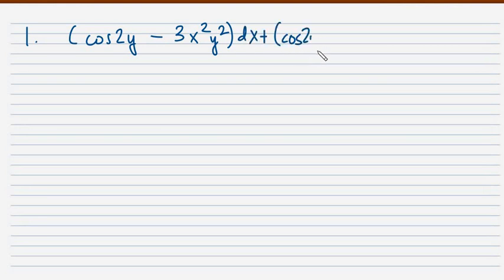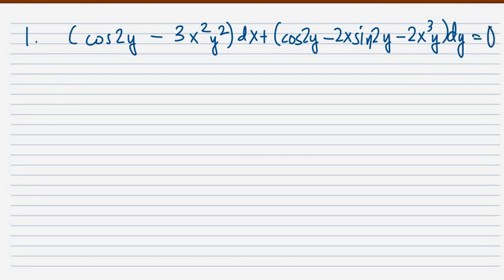So for example number 1, we have the quantity cosine 2y minus 3x squared y squared, dx, plus the quantity cosine 2y minus 2x sine 2y minus 2x cubed y, dy, is equal to 0.